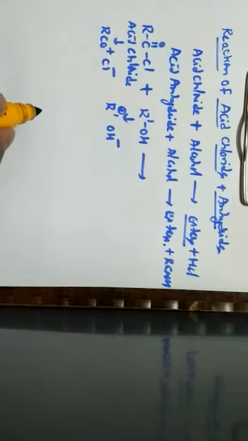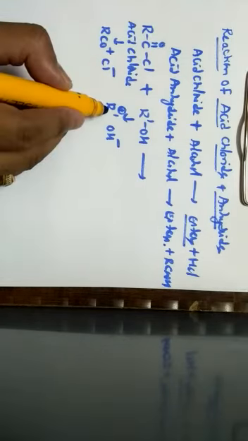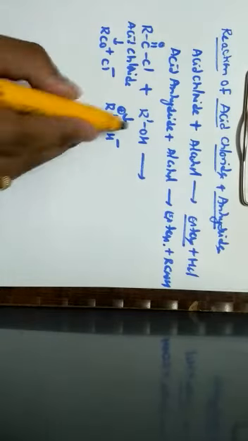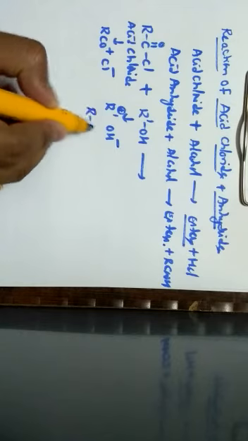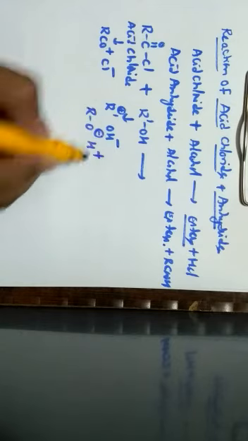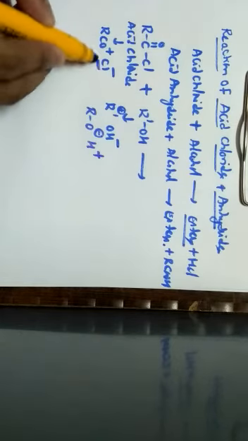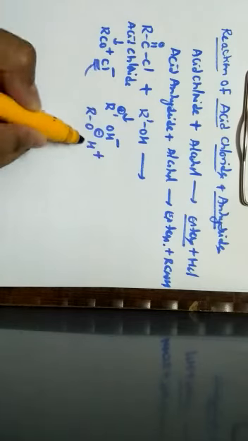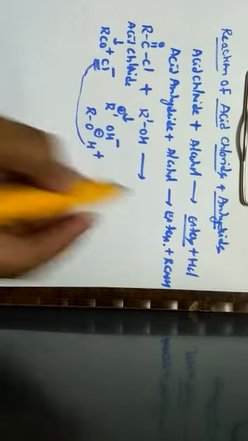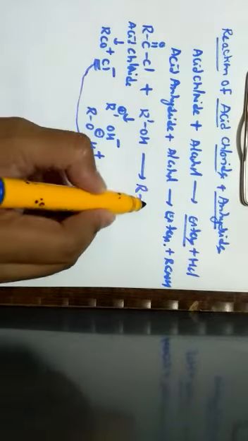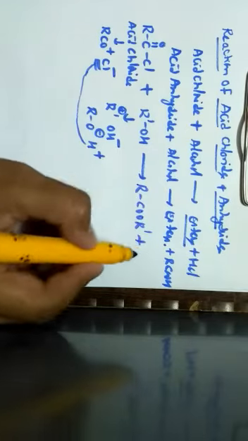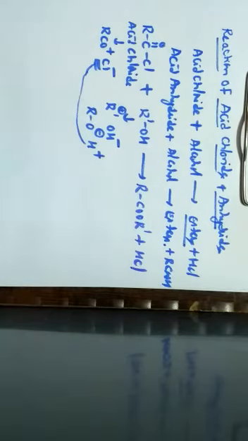So here what happens? The usual ionization of alcohol is R plus and OH minus, but in this case it forms RO minus and H plus, because here the chloro group is a very good leaving group. This very good leaving group chloro will take away H plus, so that there will be a formation of an ester RCOOR' along with the formation of HCl.